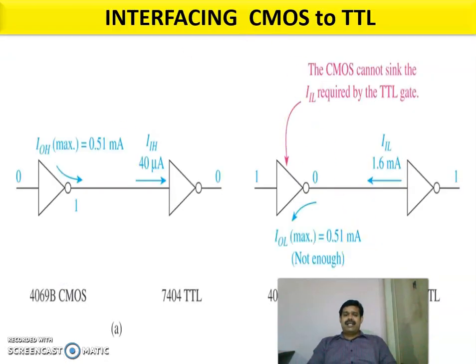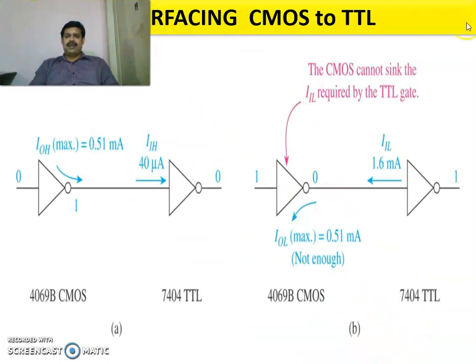Now these are the two conditions for interfacing CMOS to TTL. In the first case, when the output is high, there is no problem. A CMOS can directly drive a TTL when its output voltage is 1.